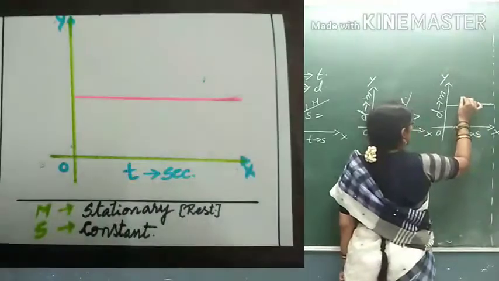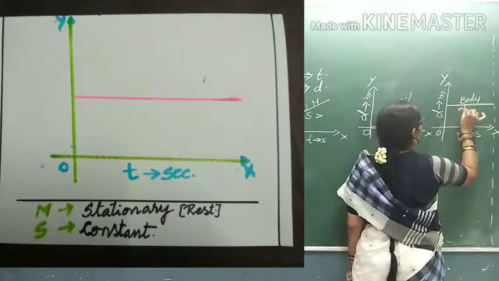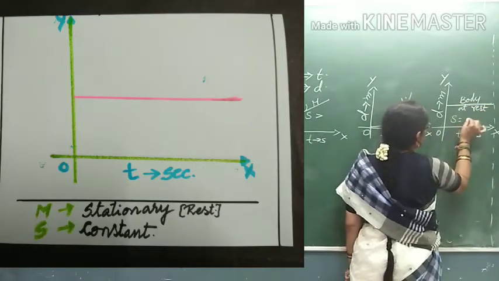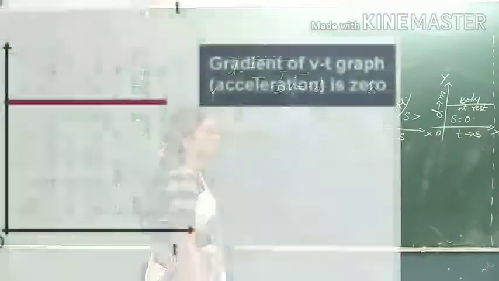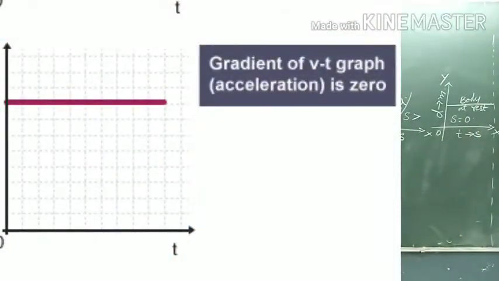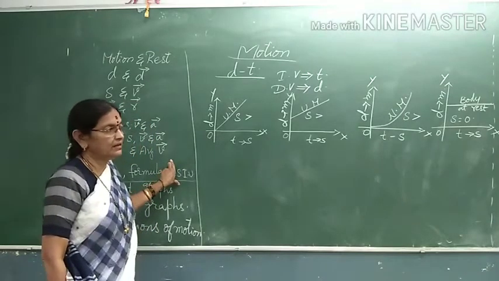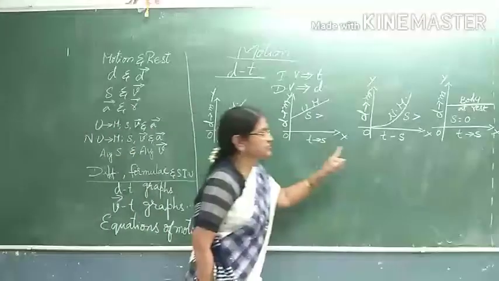Then the body is at rest. Speed is equal to 0. Already we discussed speed may be 0 or increasing, but never negative. Now, how many graphs have we seen in this?